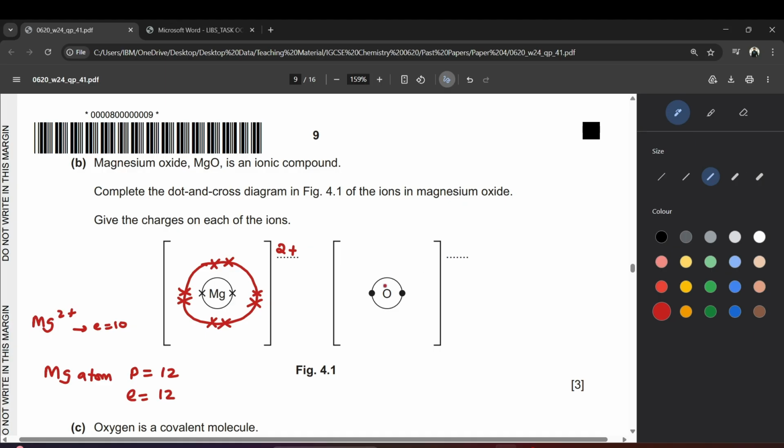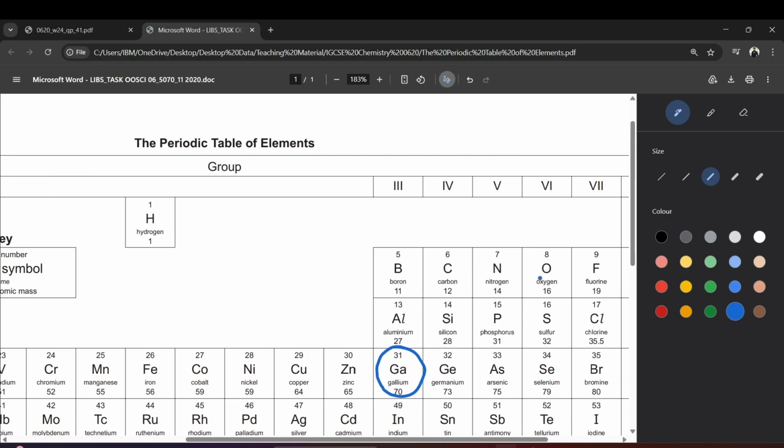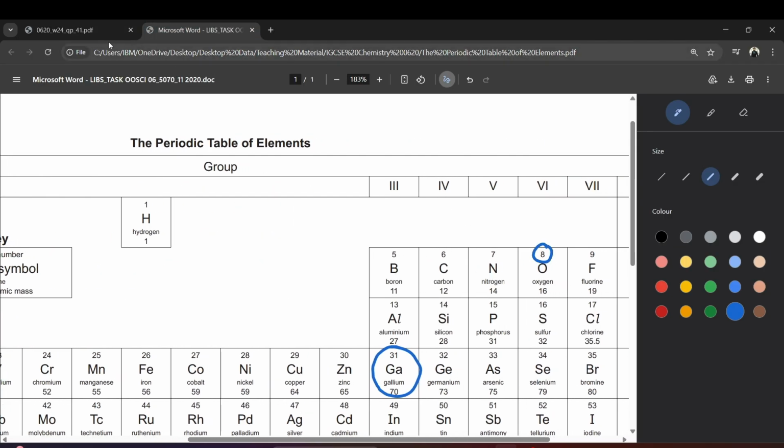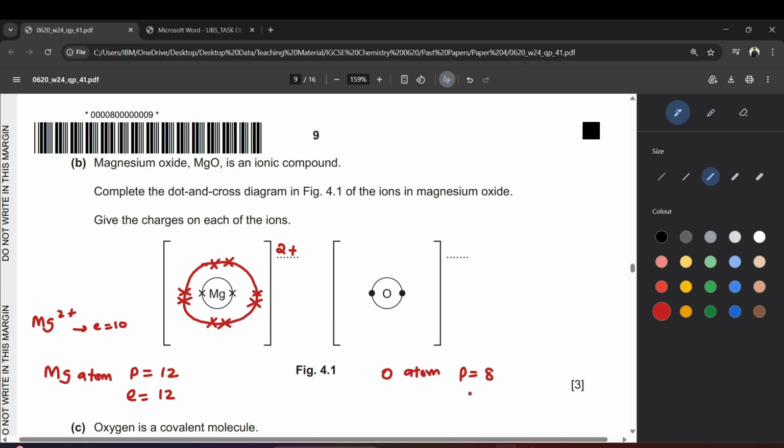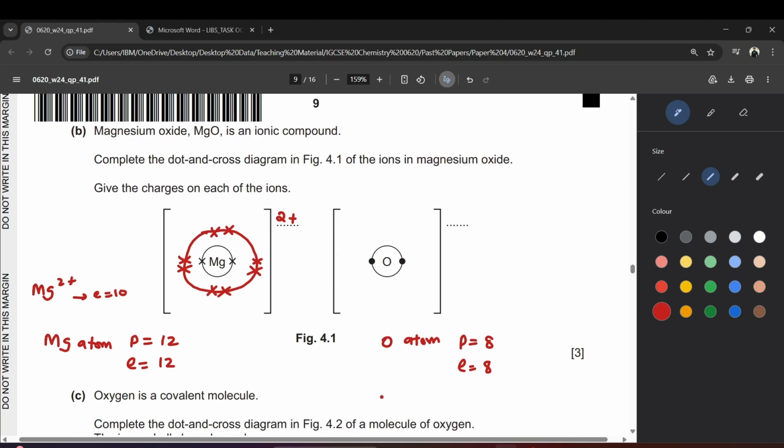Now as for oxygen, originally an oxygen atom has, if you look over here, 8 protons, so therefore it will have 8 electrons. However, the electrons which were lost by magnesium have now been gained by oxygen. So the oxide ion is going to have 10 electrons.